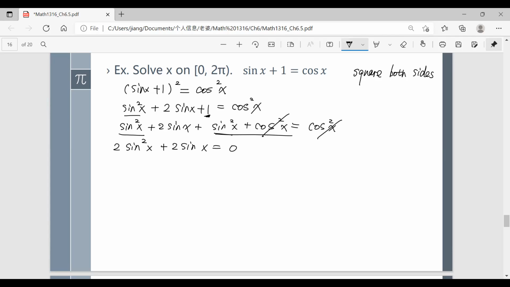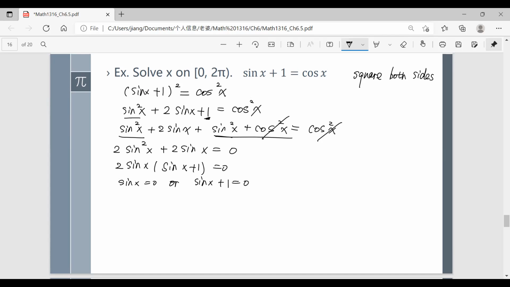And then pull out the coefficient 2 and also pull out the sine x. 2 times sine x times sine x plus 1 equals 0. That means sine x equals 0 or sine x plus 1 equals 0. So I can solve them separately.